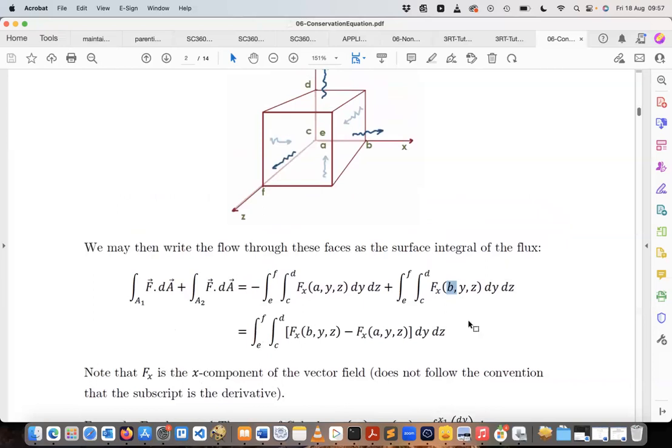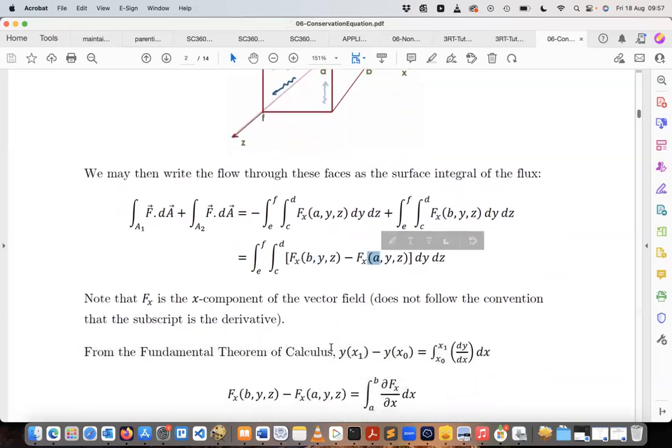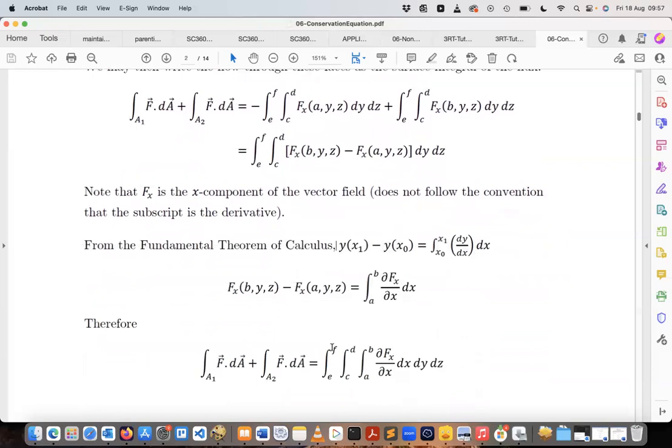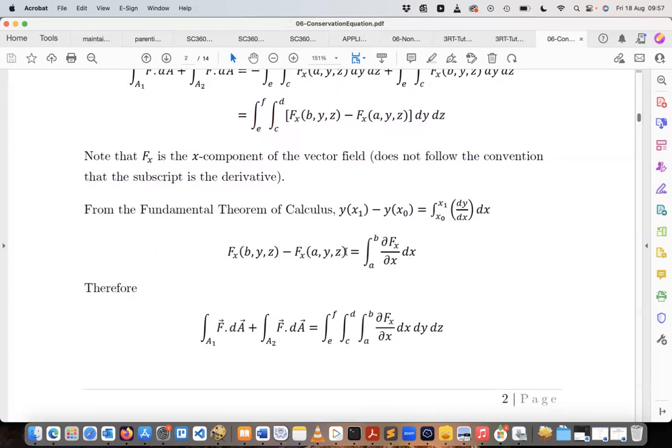And so we can group these two together and we can say it's one difference where only the X values are different. So that's just the difference in terms of what's happening in the area. And then if we look at our fundamental theorem of calculus, we are saying here that that difference must equal the change of the field in the X direction.